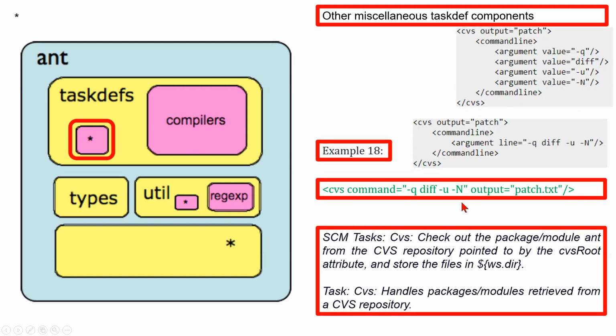Here, silently (-q) create a file called patch.txt containing a unified (-u) diff which includes new files added via cvs add (-n) and can be used as input to patch.